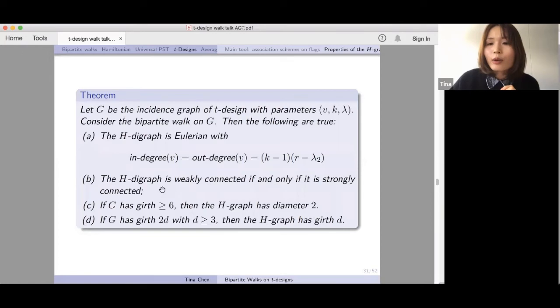The H-digraph is weakly connected if and only if it is strongly connected. If the incidence graph has girth greater than or equal to 6, then the H-digraph will have diameter 2, and if it has girth 2D with D greater than or equal to 3, then the H-digraph will have girth D.